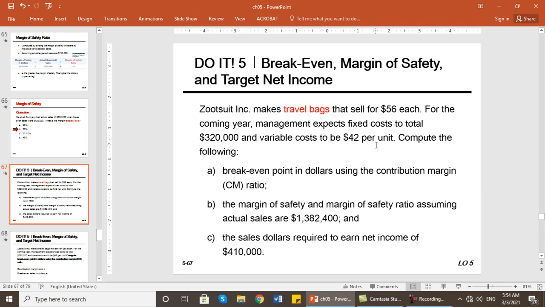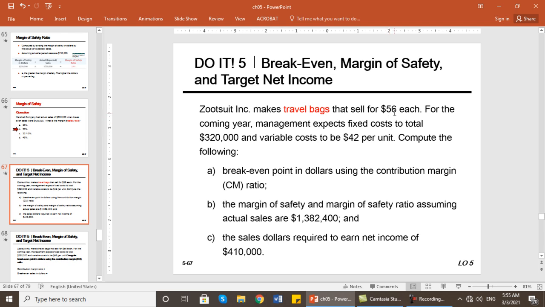Compute the following. As you know, the fixed costs come from manufacturing, selling and administrative, and the variable costs likewise. Compute the break-even point in dollars using the contribution margin ratio.